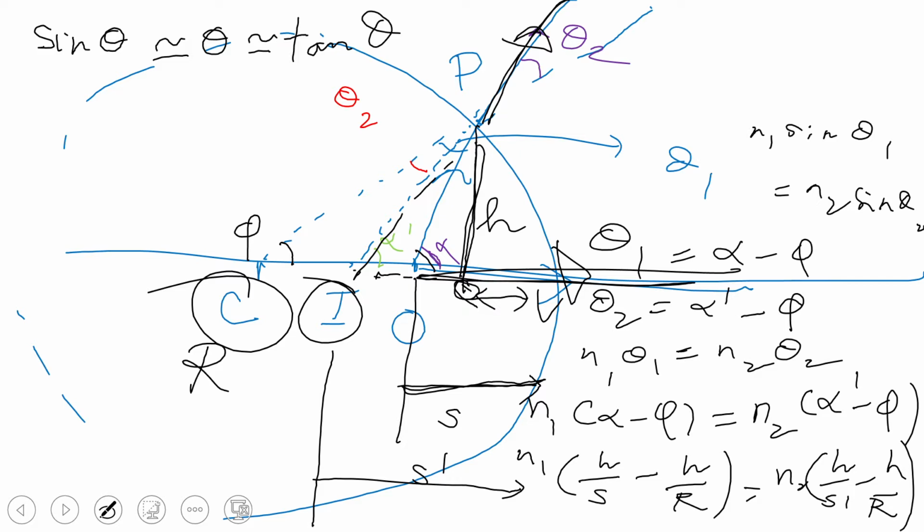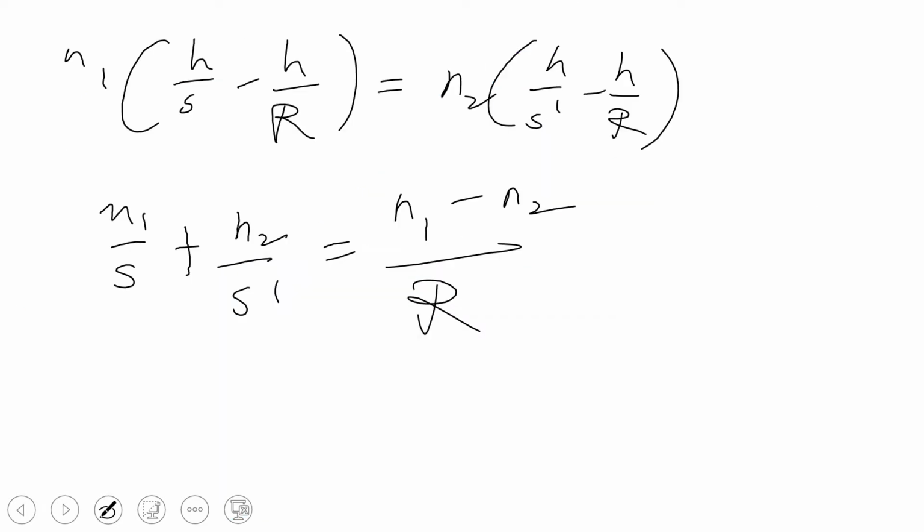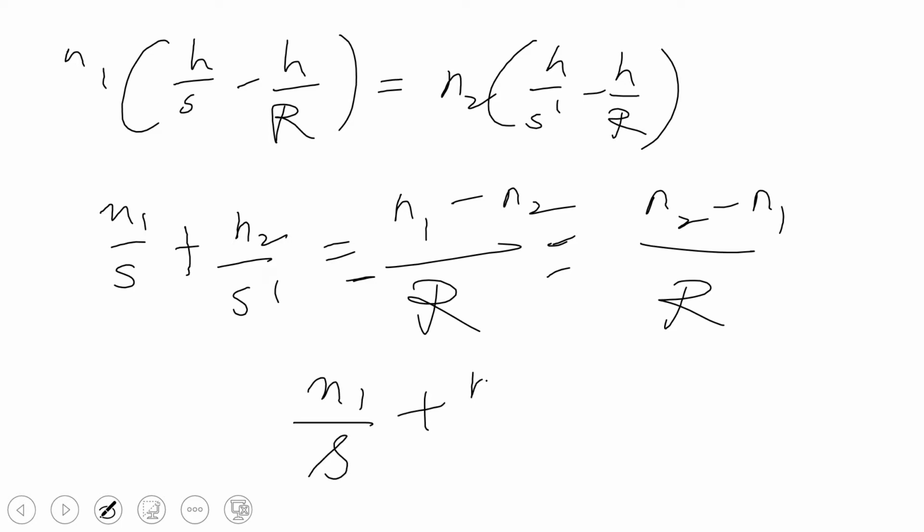So I would have to put a negative sign here, or instead of n1 minus n2, I could change it to n2 minus n1 by r. So then we have the equation as n1 over s plus n2 over s prime is equal to n2 minus n1 by r.